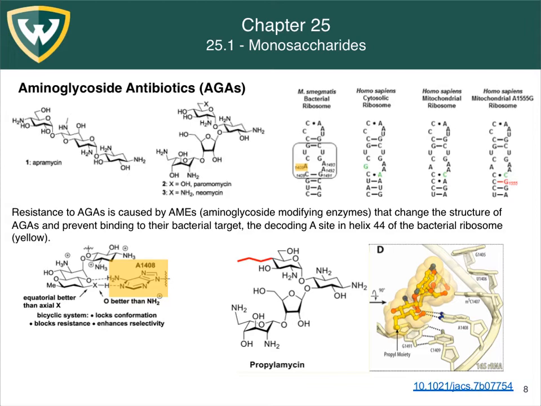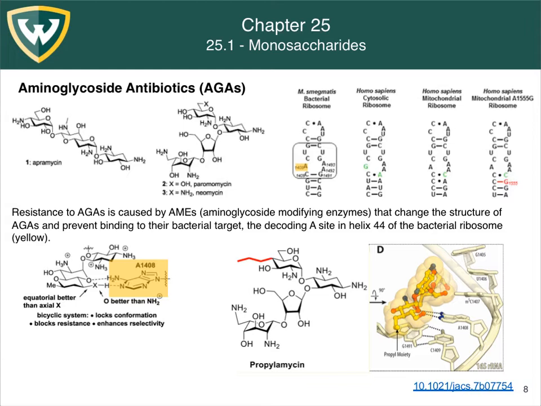More recently, they've developed an analog called propylamycin that has an enhanced interaction with adenine 1408, which increases its potency against antibacterial strains. The replacement of a hydroxy group on the sugar with a propyl group enhances the antibacterial activity, as well as protecting against the AMEs, or aminoglycoside modifying enzymes, that act on ring 1.